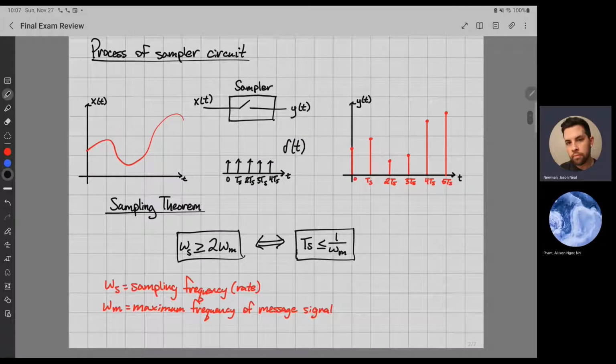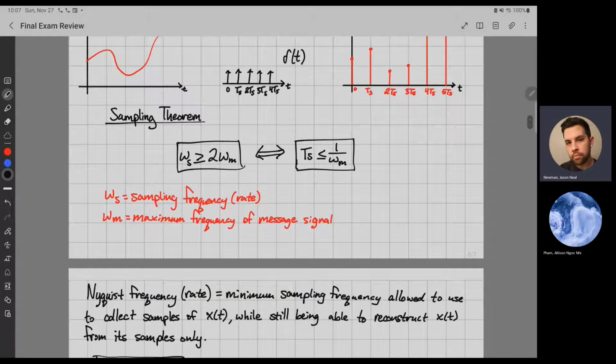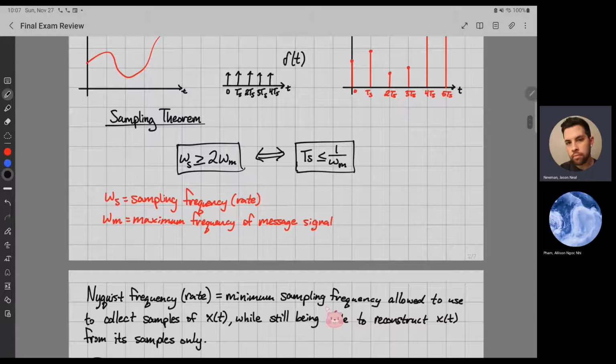So the sampling theorem. Basically this is where the Nyquist stuff comes into play, and I want to just briefly go over that. Omega s is the sampling frequency or the rate. Omega m is the maximum frequency of the message signal, and the Nyquist frequency is the minimum sampling frequency allowed to collect samples of x of t while still being able to reconstruct x of t from its samples only.